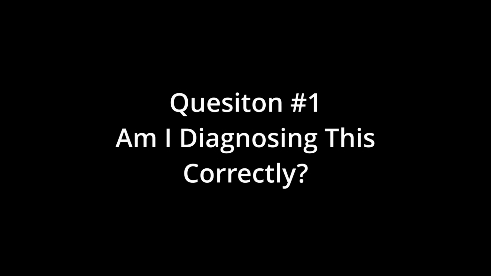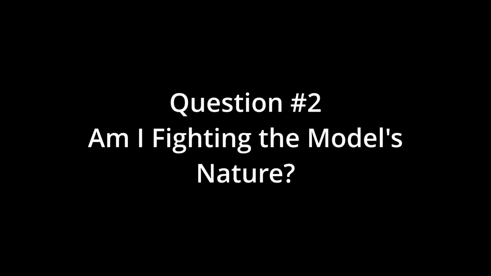So here's what to do when you hit that second strike. Step back and ask yourself 3 questions. 1, am I diagnosing this correctly? Go back and really look at the outputs. Is this truly an execution problem, or is it actually a style problem? Reread them all carefully and figure out what the real problem is and diagnose that. 2, am I fighting the model's nature?